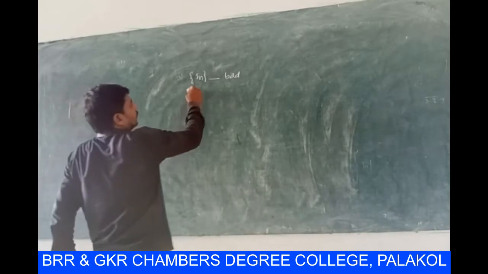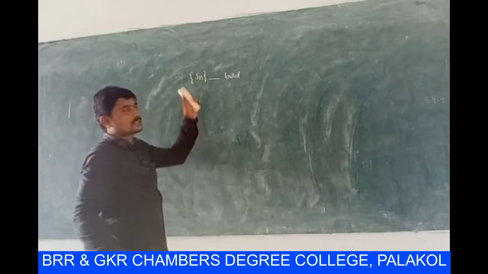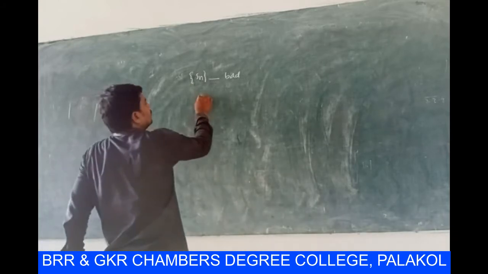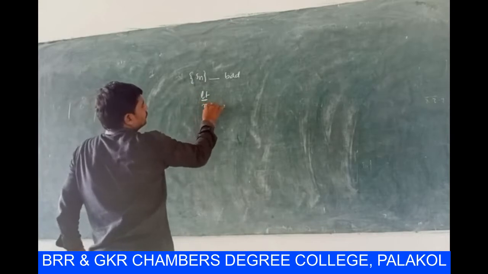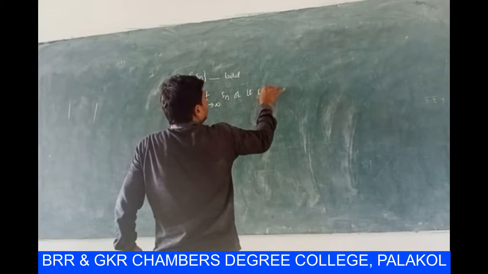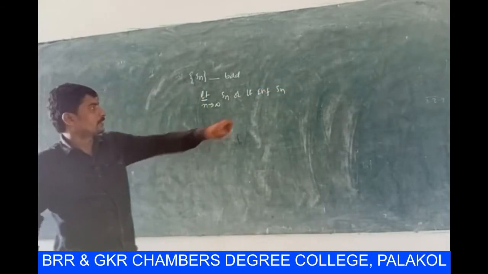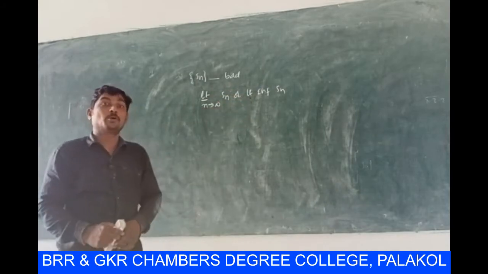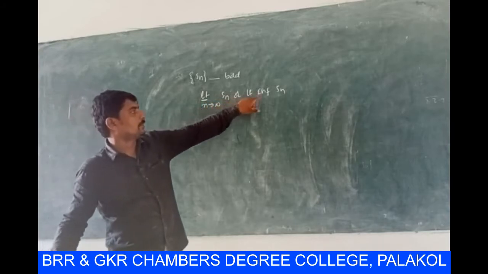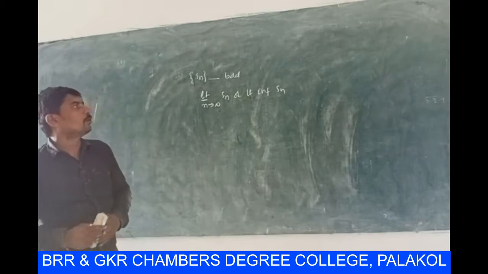The least value of the sequence Sn is said to be the lower bound or limit inferior, and it is denoted by lim inf of Sn. This is called the lower bound of the bounded sequence, or the lower limit of the bounded sequence.